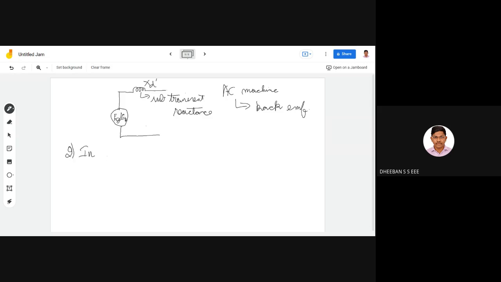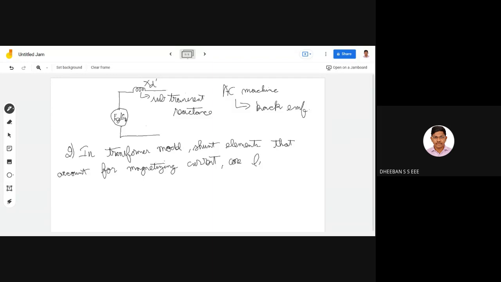Then moving on to the second assumption: in the transformer model, shunt elements that account for magnetizing current, comma, core losses, are neglected.